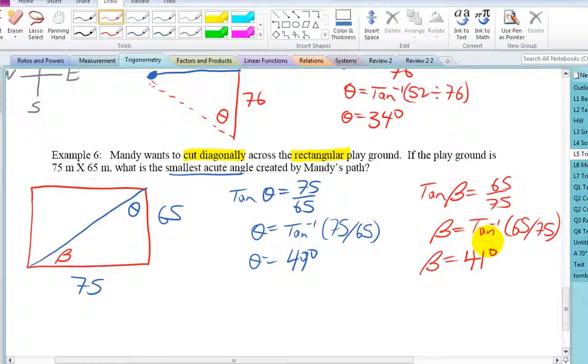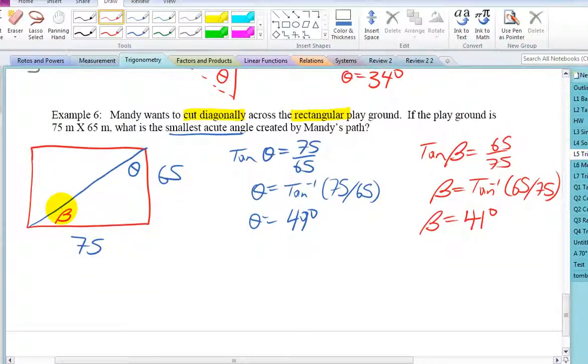Good. So which one's smaller? Beta. Now, did I have to do this work or did I do way too much? Way too much. So if you look at the diagram, beta looks smaller, does it not? Yeah. Okay. If you're unsure, what could you do?